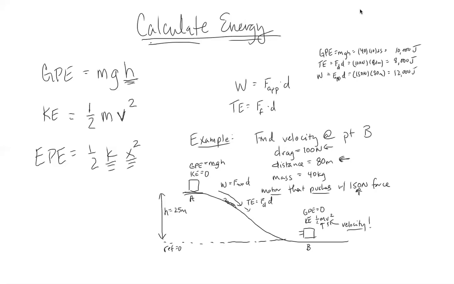Now, if we want to get at what kinetic energy is, we know it's 1/2 mv squared. We have the mass, so now we need to calculate the velocity.